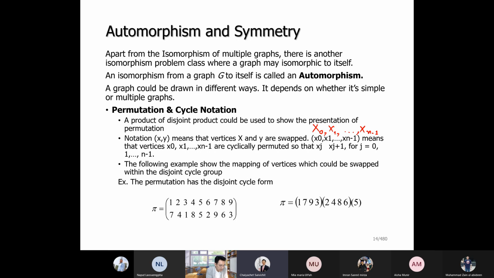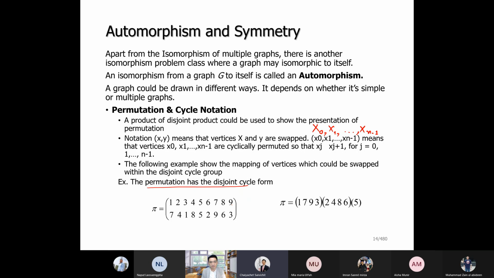We can divide it into 3 cycles of this kind, or do it in different ways. But if you look at it particularly, when you map 1 to 7, 2 to 4, 3 to 1, 4 to 8, 5 to 5, 6 to 2, 7 to 9, 8 to 6, and 9 to 3, what would be a valid automorphism is that you have to have cycles within those rearrangements of the labels.